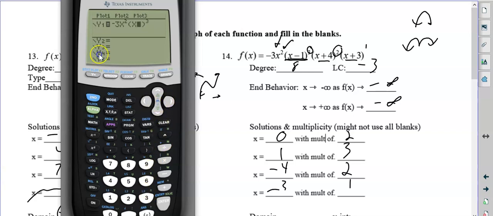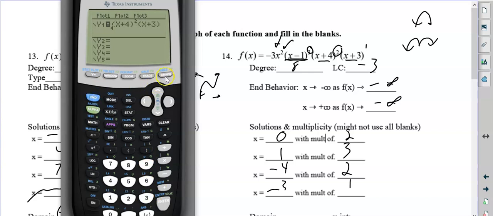Whoopsie, I missed my -1 somehow. There we go. X minus 1 to the third power. Then I'm going to put in x plus 4 squared. X plus 4, close it, square it. The button's not responding. X plus 4 squared. And last but not least, x plus 3. Let's see if this will work the first time. X plus 3. There we go.